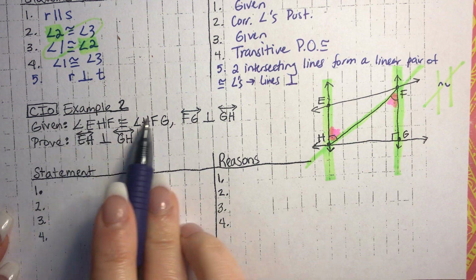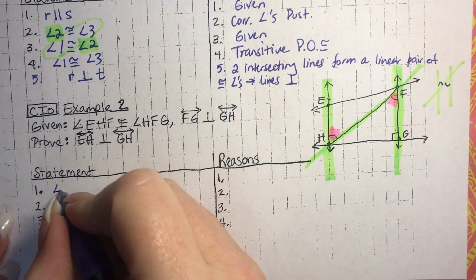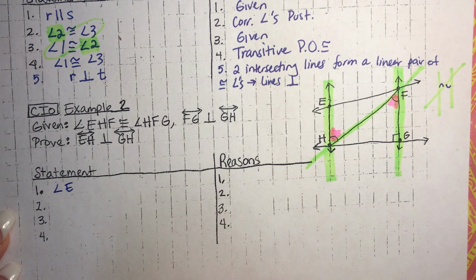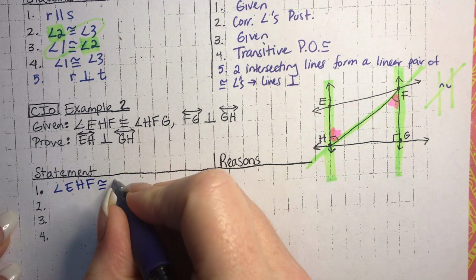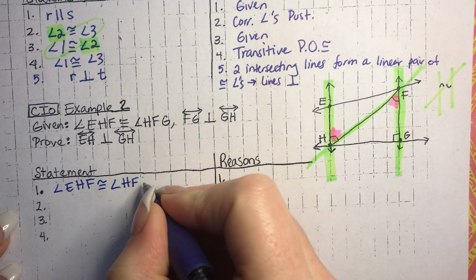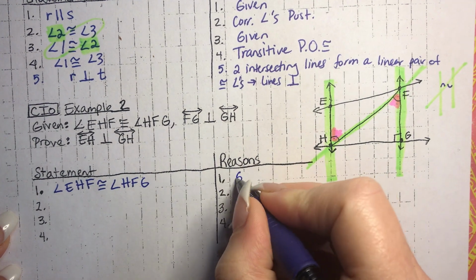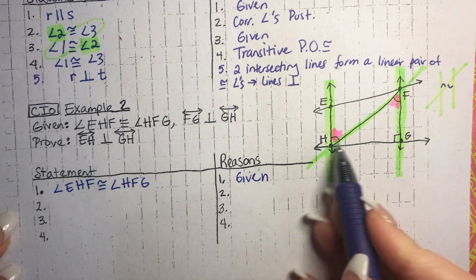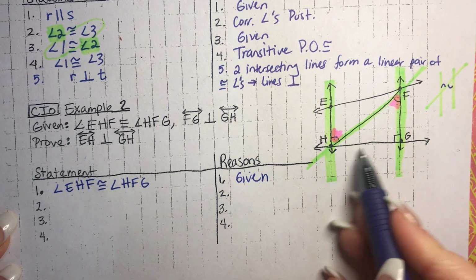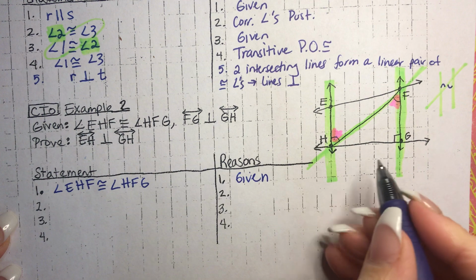What did we start with? We started here. So angle EHF is congruent to angle HFG, right? That's given. And because of that, we can state that these two lines are parallel.